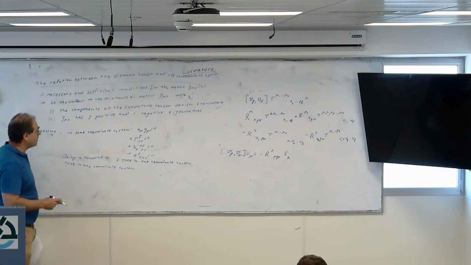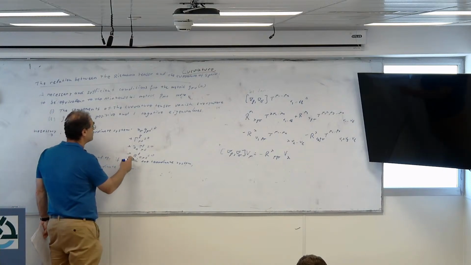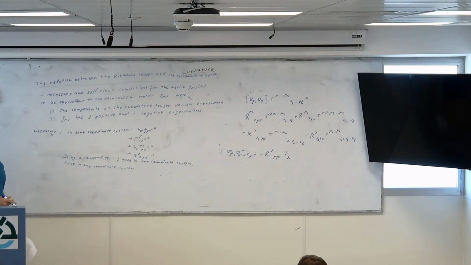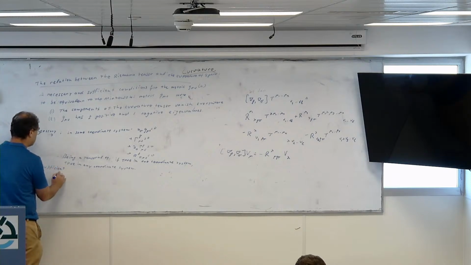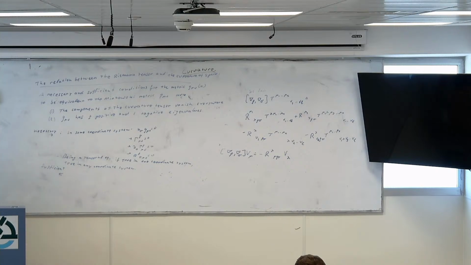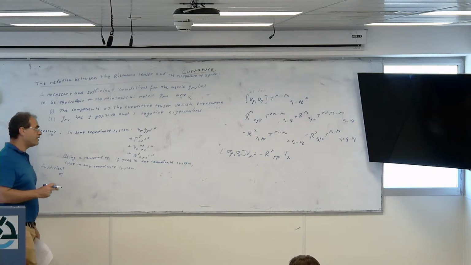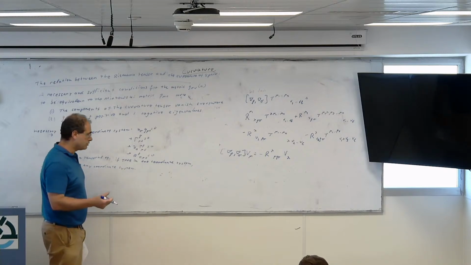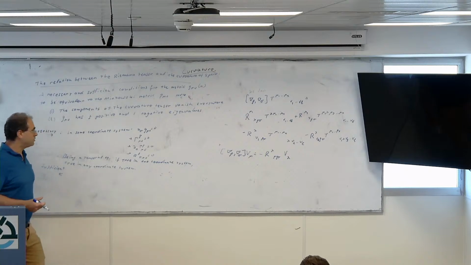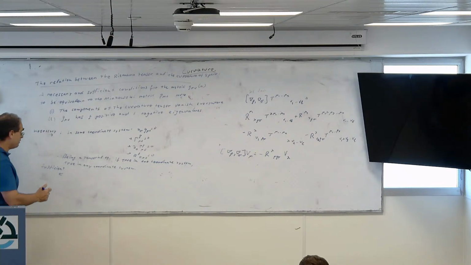Which means that the vanishing of R is a necessary condition for the metric to be equivalent to the Minkowski metric. Now, sufficient is more tricky because that requires us to construct a set of basis vectors, and then I need to prove that they transform in the correct way. There is a theorem called the Frobenius theorem. You can read about it.